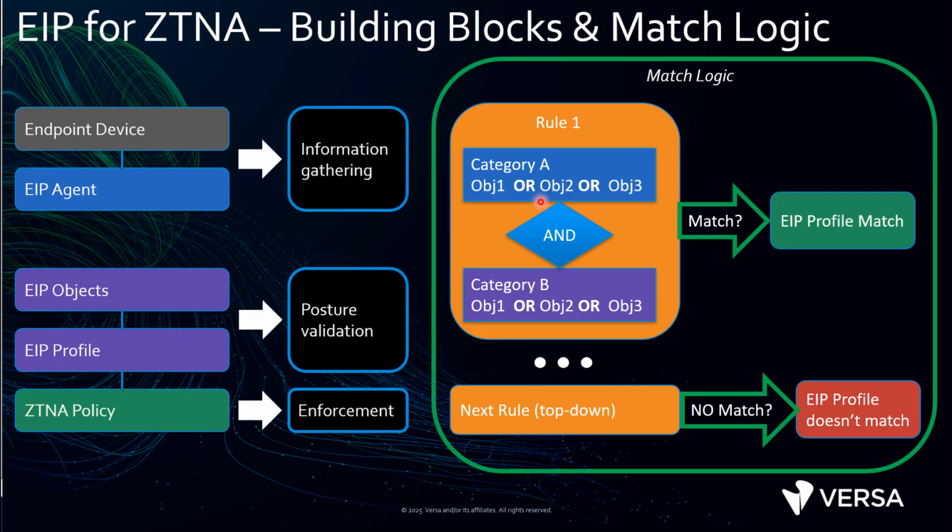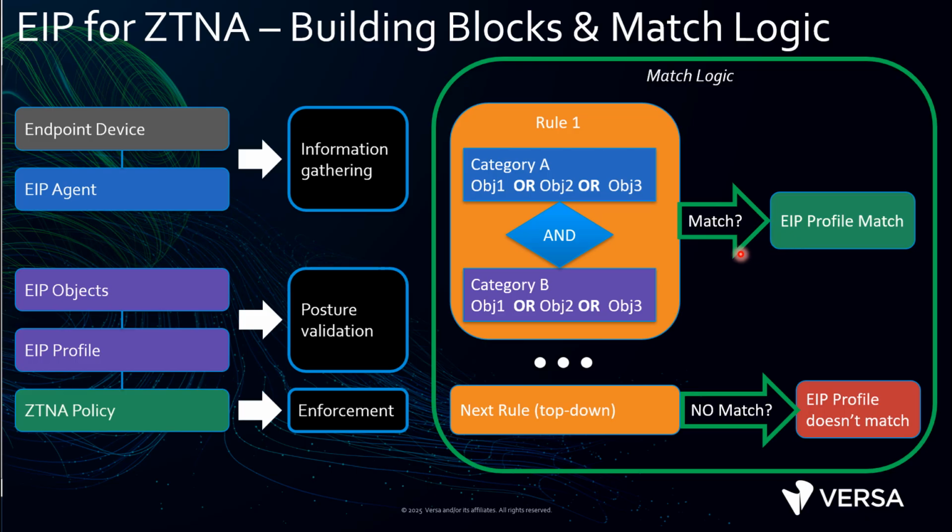As a result, if all categories match, so AND condition succeeds, we stop and declare that EIP profile has matched, and respective policy can be enforced. Of course, considering that other match criteria outside of EIP feature in enforcement policy are also matched.